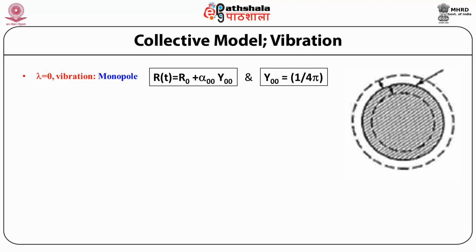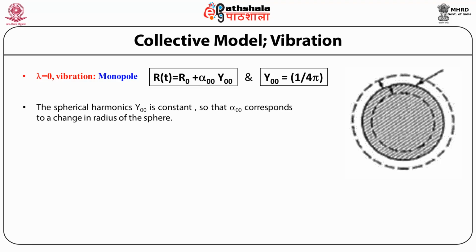If we put λ equal to 0, then this mode of vibration is called the monopole mode of vibration. In the expression for radius, if we put λ equal to 0, we end up getting R(t) = R0 + α00 Y00, where Y00 is equal to 1 by √(4π). So the formula of radius becomes very simple.